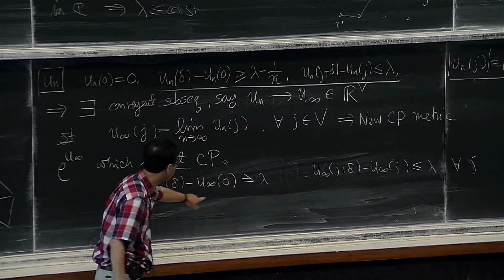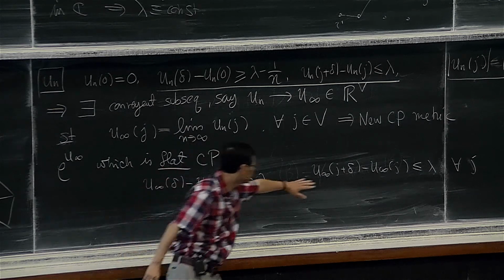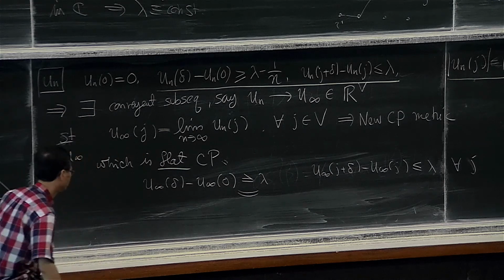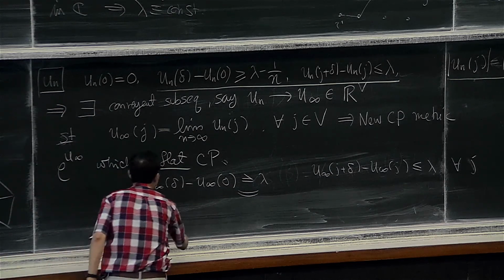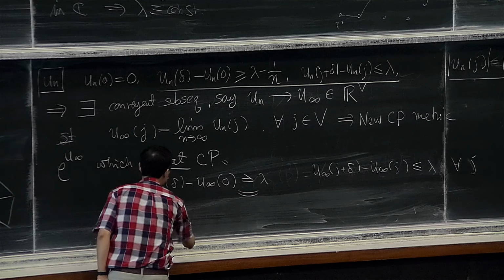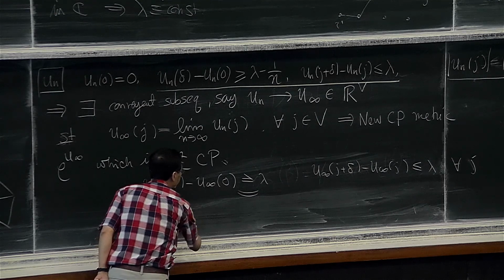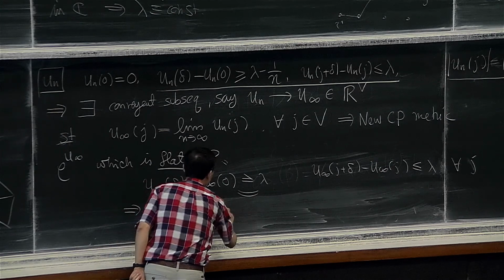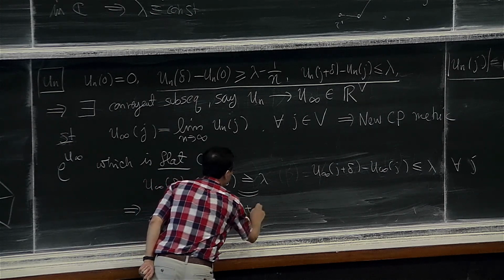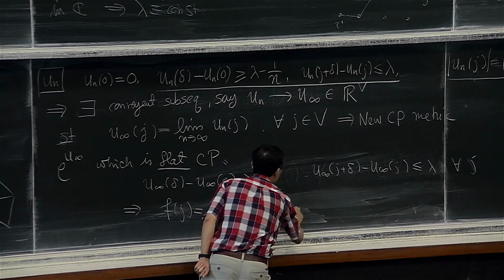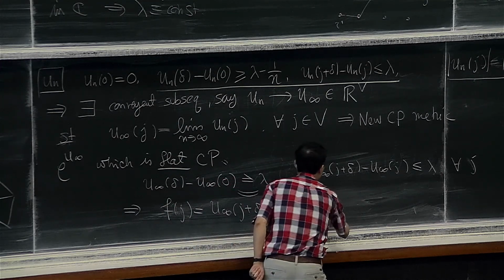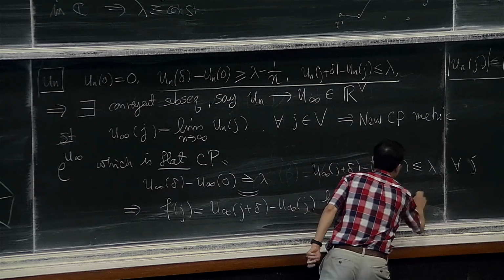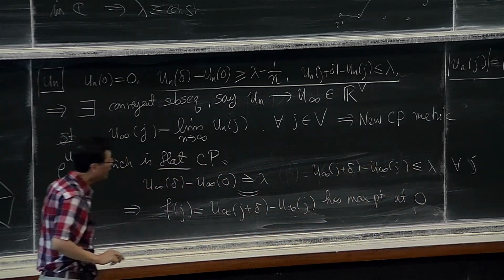And that means this has to be equal, because this is true for any of them, and it's achieving a maximum point. So this tells you that this function f(j) equals u_infinity(j plus delta) minus u_infinity(j) has a maximum point at 0.